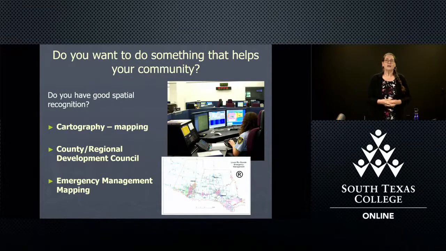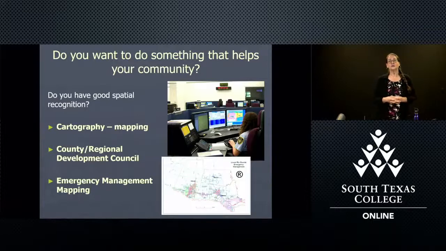Any other things that might help our community that also involve having kind of good visual recognition, good observation skills, good spatial recognition? We don't often think about the art that goes into mapping, but mapping, cartography is definitely an art form. You are kind of blending the science with the skill of mapping. And maps are really necessary in this day and age for our county and regional development council.